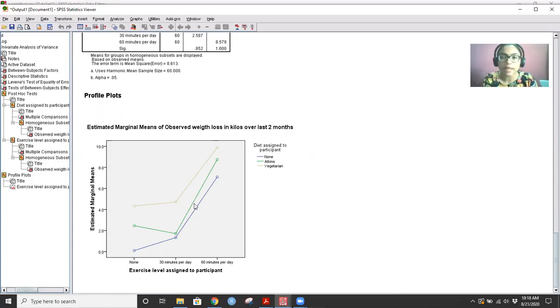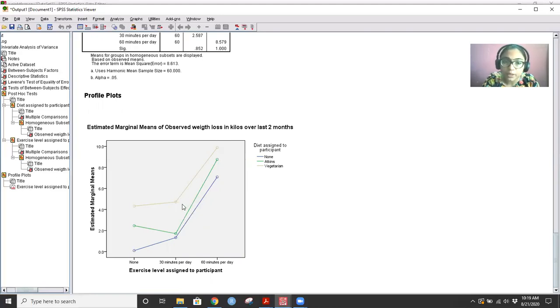So you are doing one type of exercise and doing another type of diet. Both don't overlap each other, meaning that the effect of exercise does not depend on the type of diet you follow, to an extent. That really doesn't matter according to the interaction. Now, interpreting this, I can say that after 30 minutes per day exercise, each of the weight loss curves, which are the mean weight loss observed, start rising steeply.